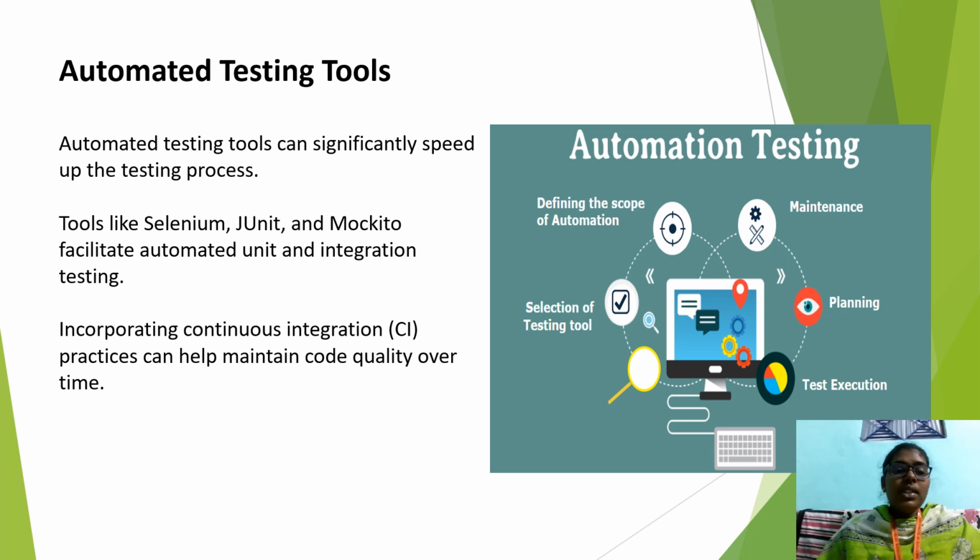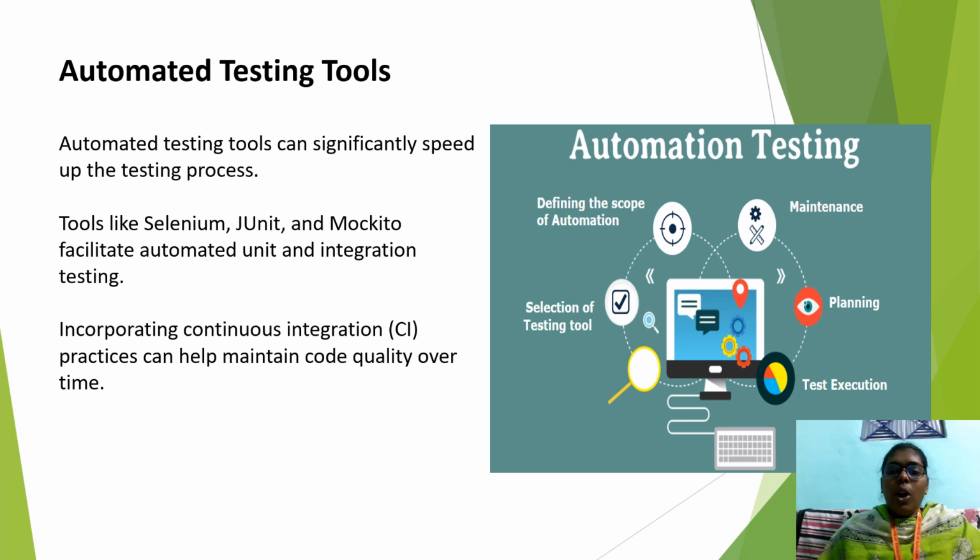Automating testing tools can significantly speed up the process, and tools like Selenium, JUnit, and Mockito facilitate automated unit and integration testing. Incorporating continuous integration, CI, can help to maintain the code quality over time.